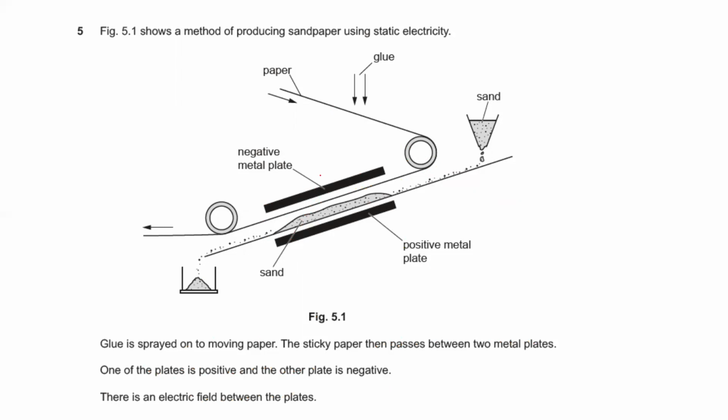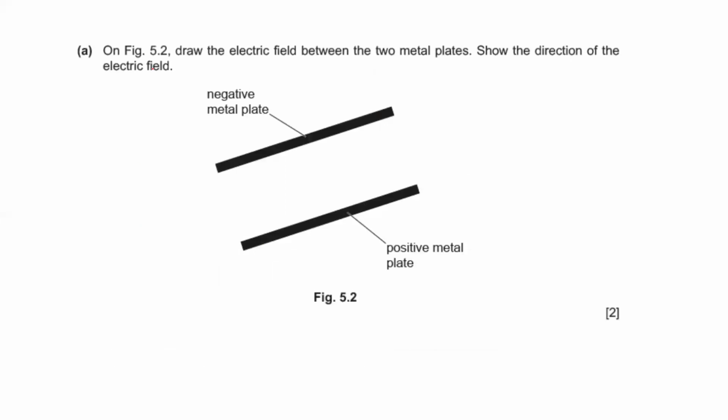On the first part, on figure 5.2, draw the electric field between the two plates and show its direction. This is the positive plate and this is the negative plate. The electric field will always go from positive to negative. Draw the electric field lines, and make sure they are equally spaced because that is a property of the electric field.